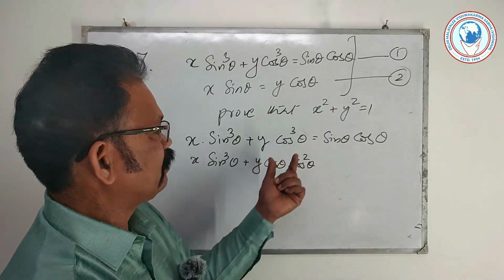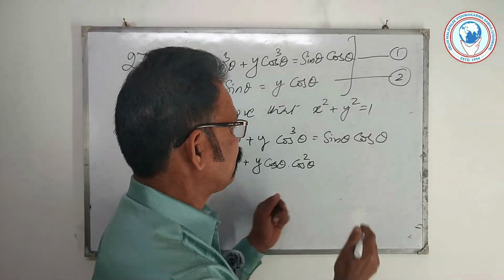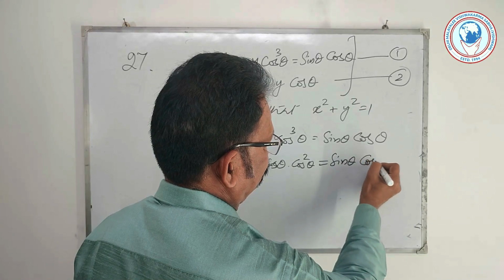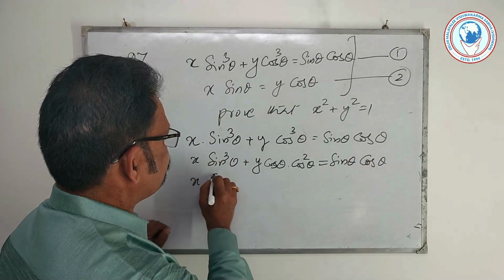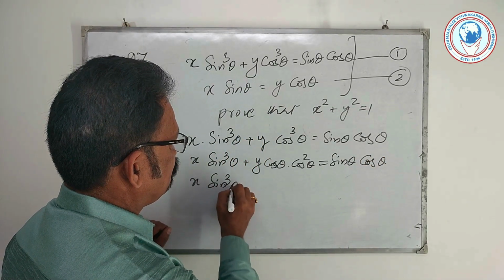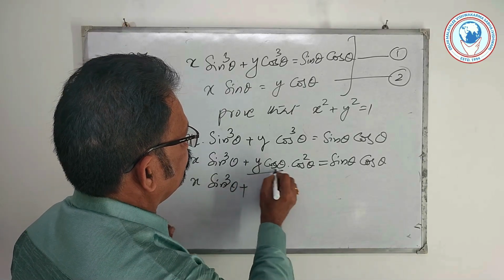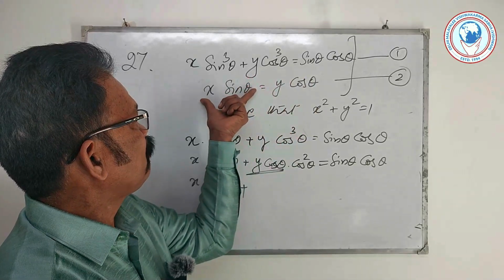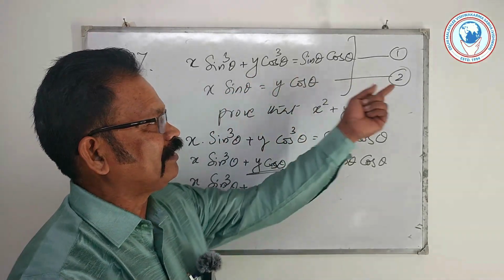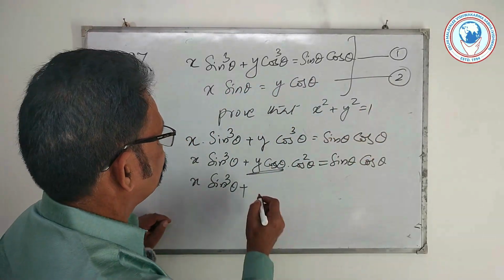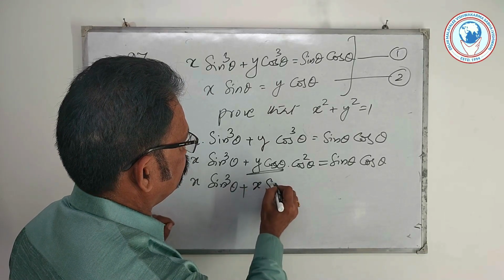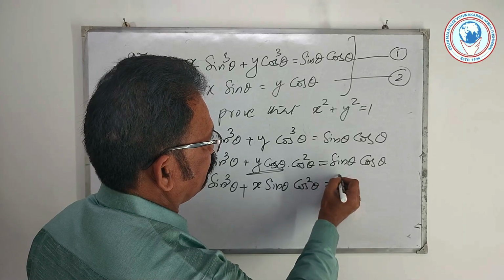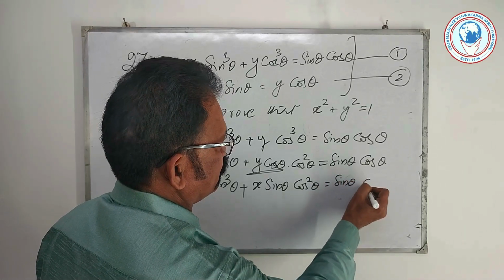We write cos cube theta as cos theta into cos square theta equal to sin theta into cos theta, that is x sin cube theta plus this y cos theta can be written as x sin theta by equation 2, x sin theta into cos square theta equal to sin theta cos theta.